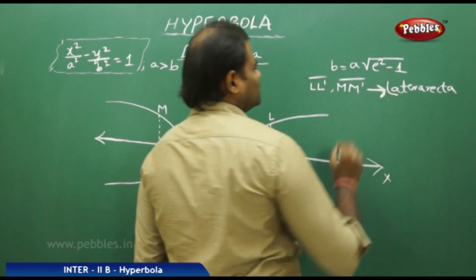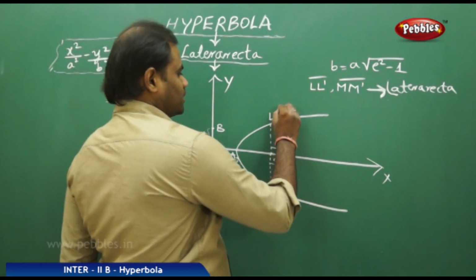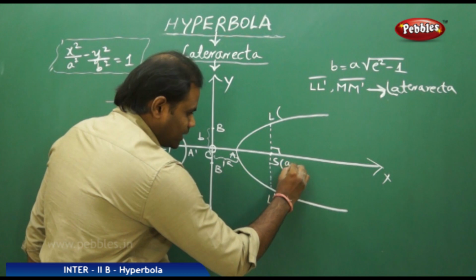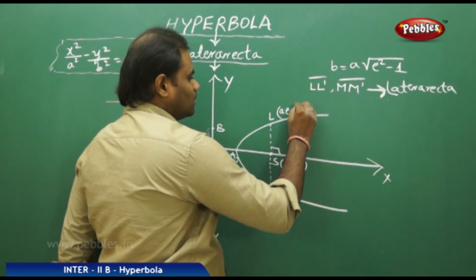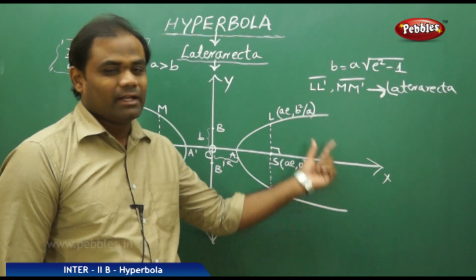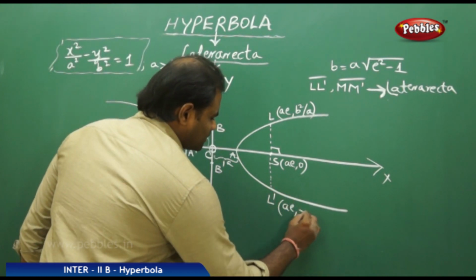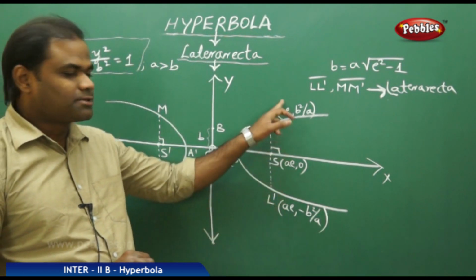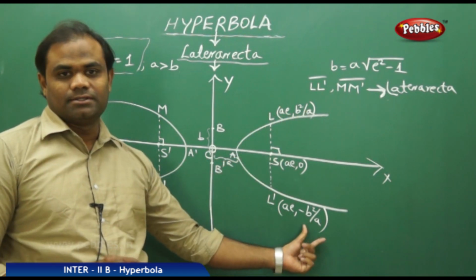With these two lateral recta, let's see what the endpoints are. As we know, the coordinates of S are (ae, 0), so the coordinates of L are (ae, b squared by a), and the coordinates of L dash are (ae, minus b squared by a). This is how we get the extremities of the latus rectum.